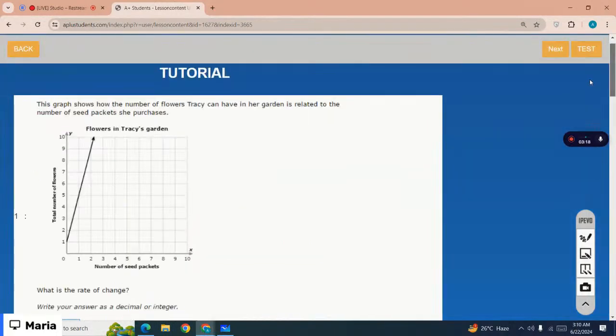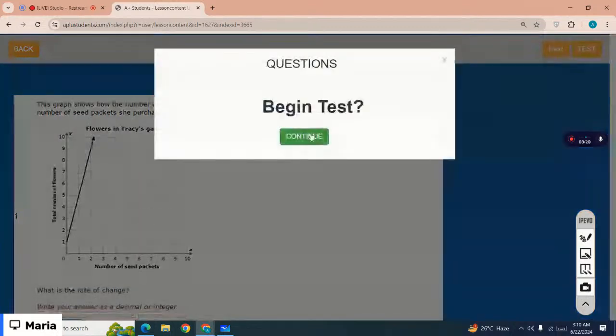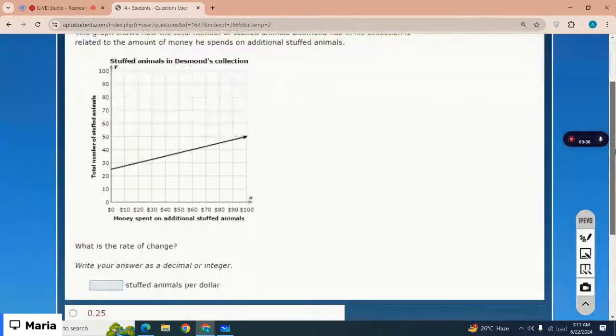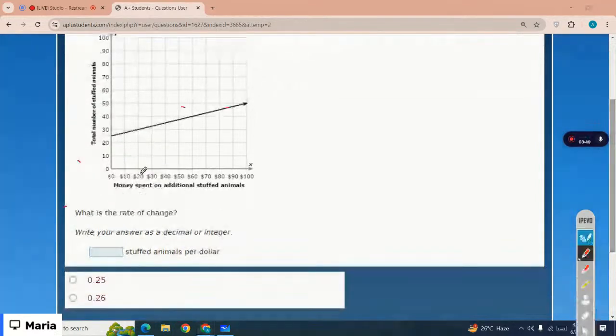Let's just start with the test questions. The graph shows how the total number of stuffed animals Desmond has in his collection is linked to the amount of money he spent on additional stuffed animals. So let's just select any 2 points on the graph. Here is the one point and here is the other. For this point, the coordinates are 20 and 30.